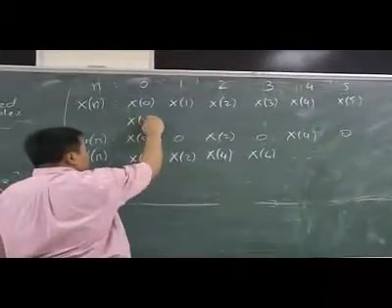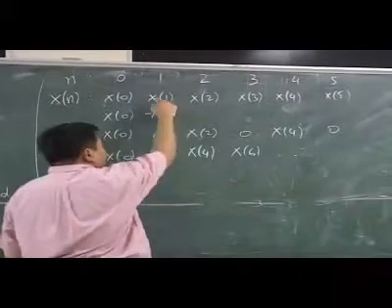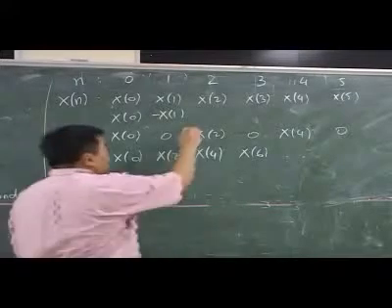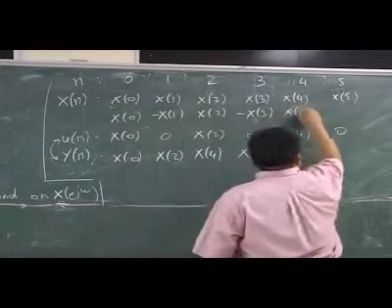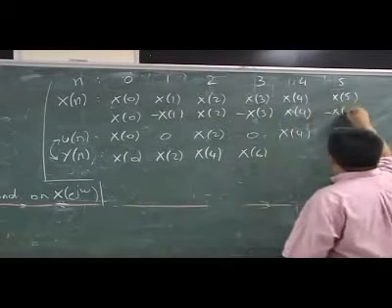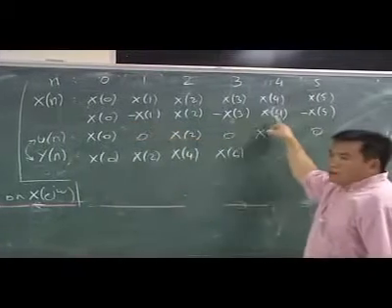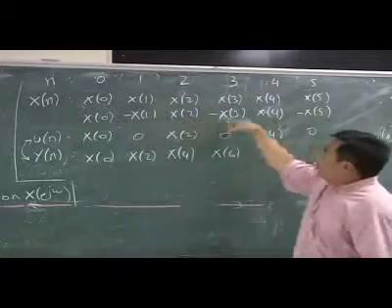What does this sequence have to be? X of 0, right? Equal to minus x1. Add together gets 0. Okay? This is x2 minus x3, x4 minus x5. This additional sequence allows me to cancel out the odd index samples.